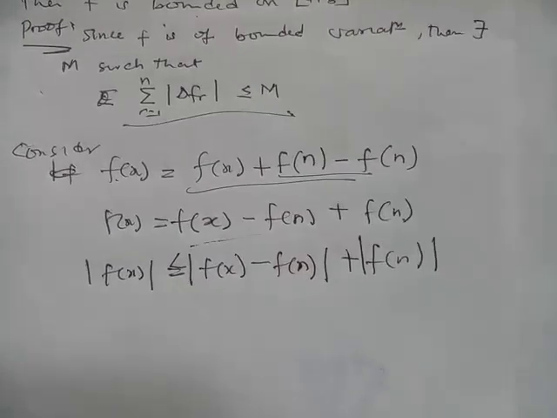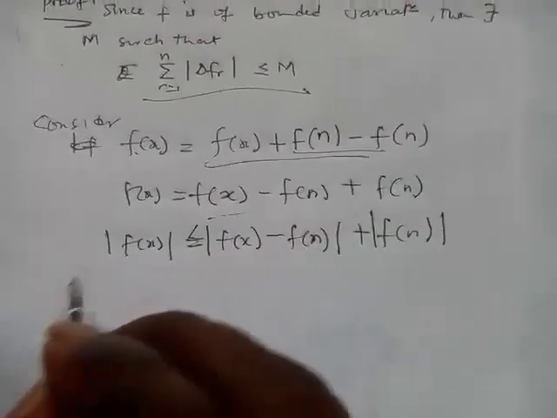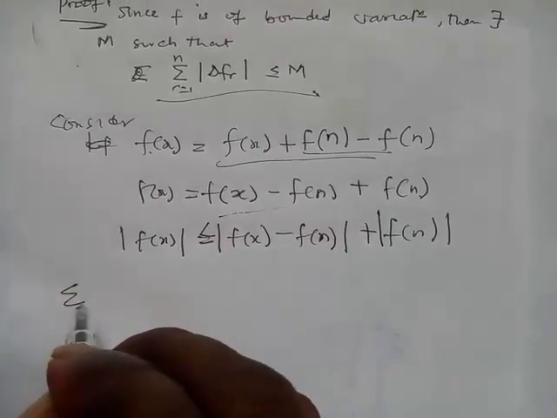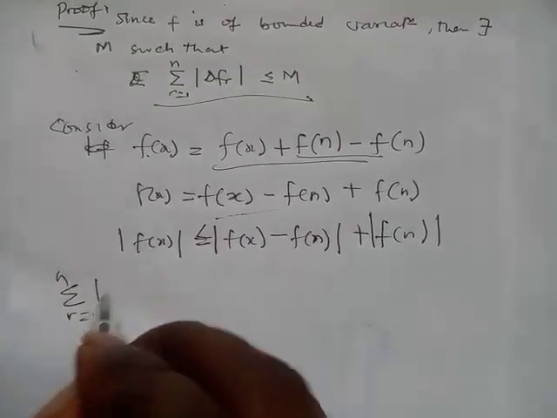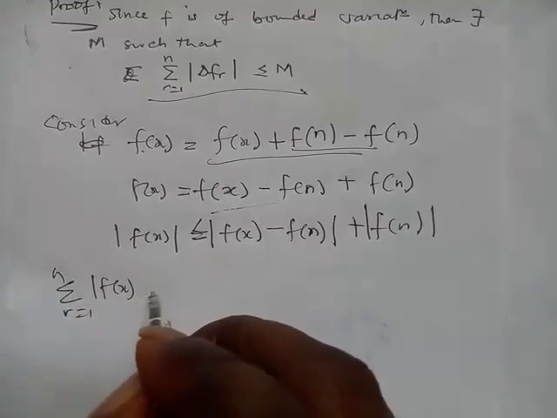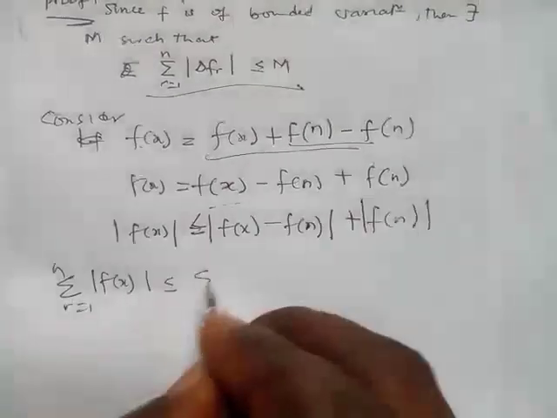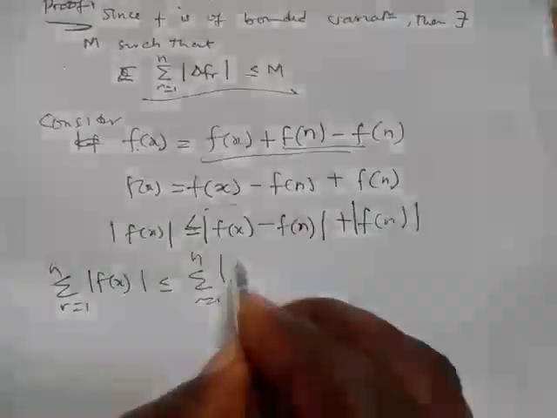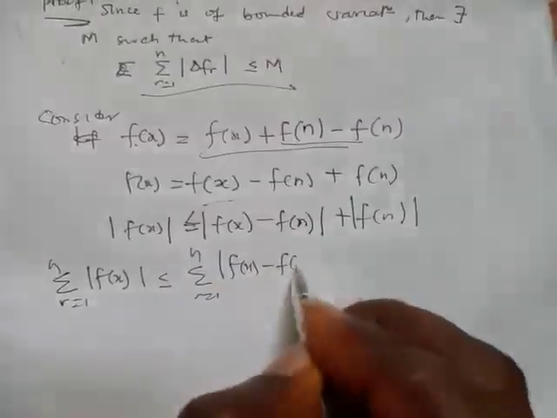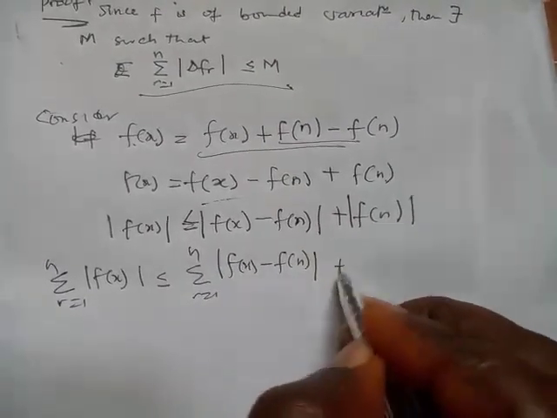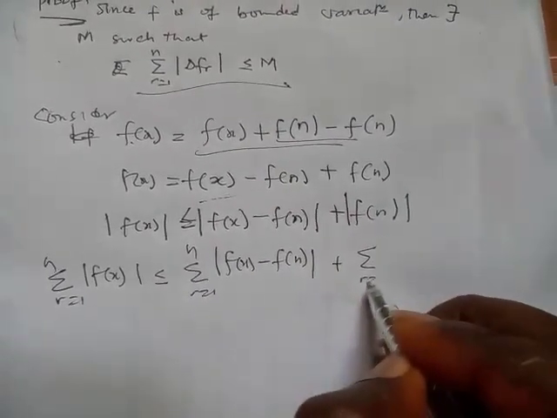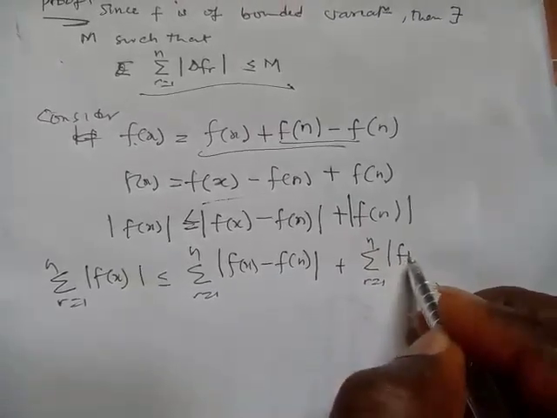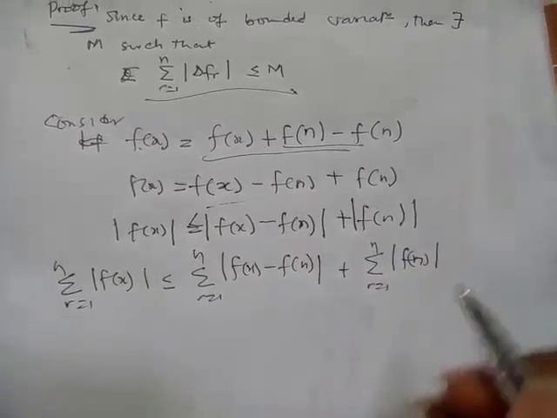Now, if you take summation to both sides, summation r runs from 1 to n, of the absolute value, which is less than summation of this minus f of a. This is the summation of this, plus absolute value of f of a.